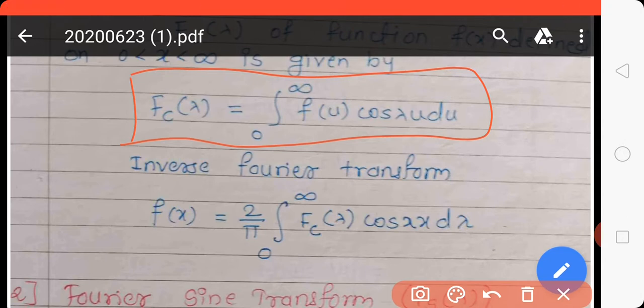Remember this: if we find the Fourier sine or cosine transform, we always take the limits from 0 to infinity. We always write the function f of x in terms of the variable u, that is f of u. If we find the Fourier cosine transform, then we write cos lambda u and we integrate with respect to u.